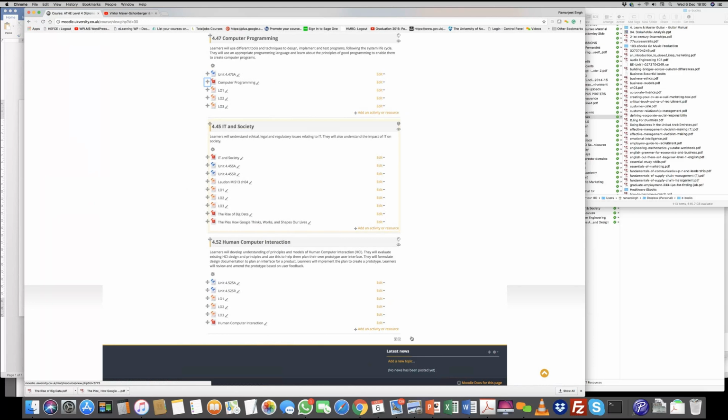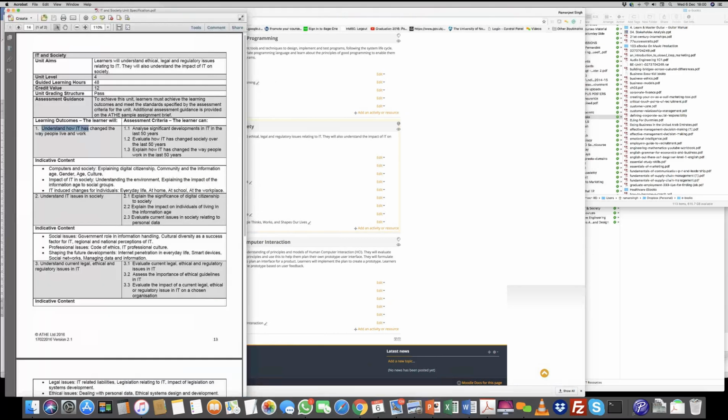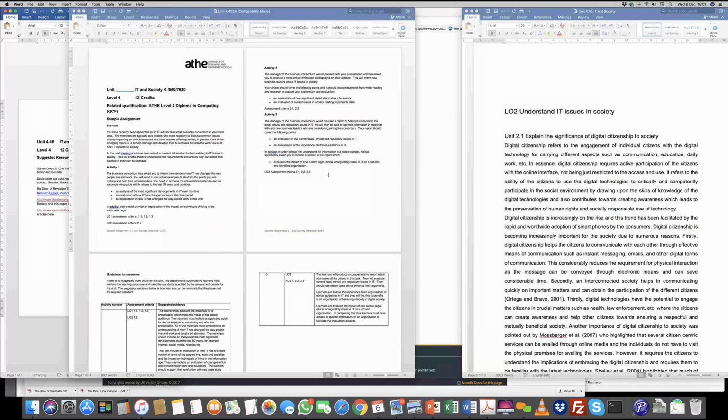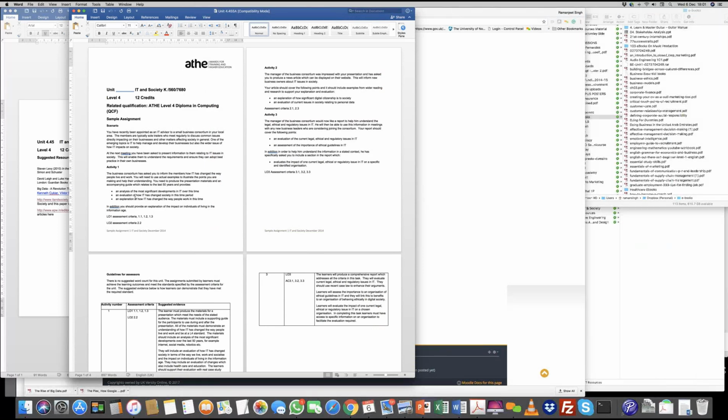That is this file that you will see in all the modules that we study, and this is how the Moodle is organized. The second file that you will see will be called SA. SA is the sample assignment, which is provided by ATHE. This is the one that you will need to attempt once we complete the unit. That is this Word file that you see on the screen.